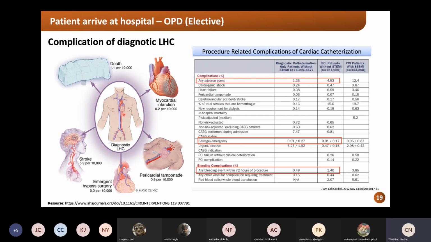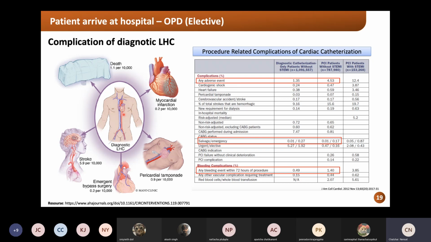So the doctor will give the information about the procedure to the patient to relieve the stress of the patient. Normally for diagnostic left heart catheterization, death of the patient is found in just 1.1 cases per 10,000 cases, so it's really a very small number of deaths in left heart catheterization.